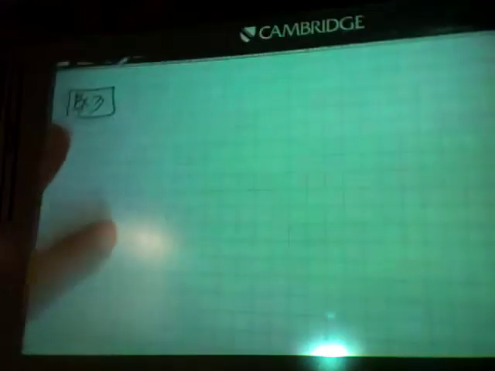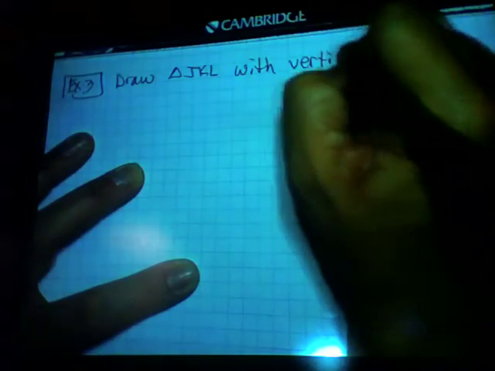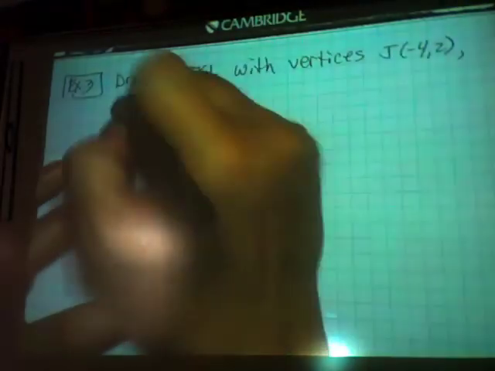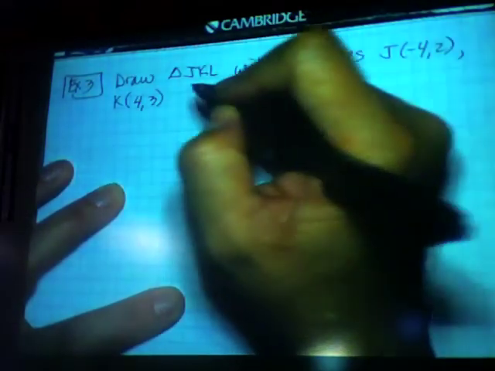Example 3 says draw triangle JKL with vertices J is negative 4, 2, K is 4, 3, and L is 1, negative 3.